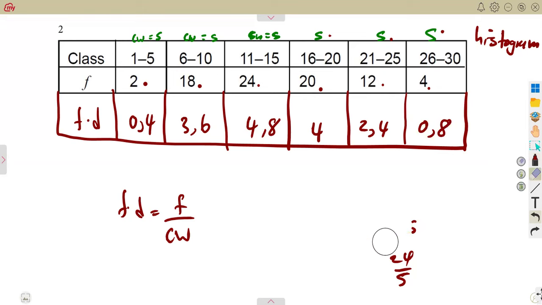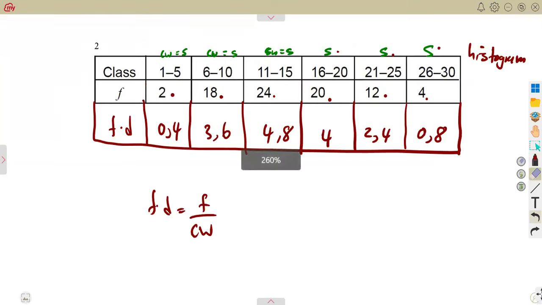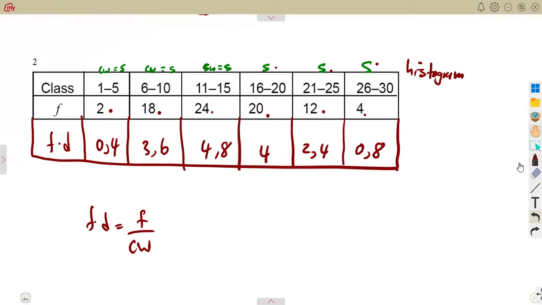So you have calculated your frequency densities, and then you'll definitely be given a scale to use. You maintain the same scale as before, 2 centimeters to represent 5 along the classes, and here 2 centimeters to represent 1.